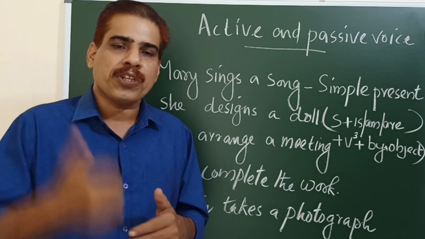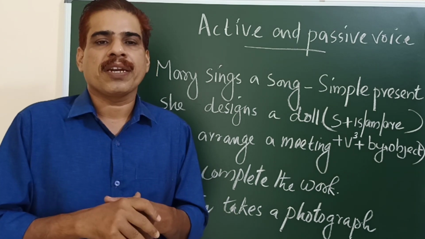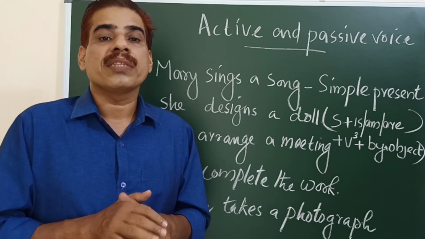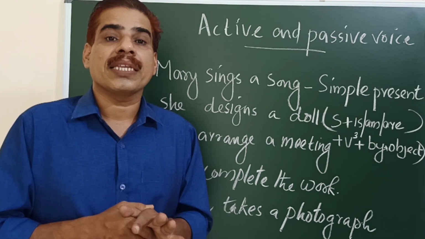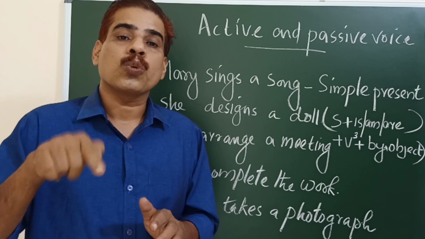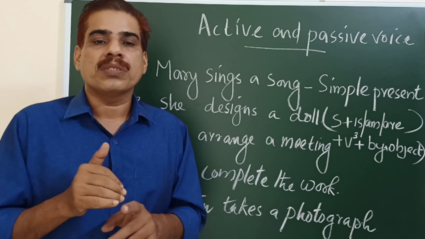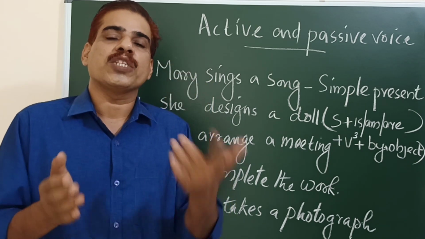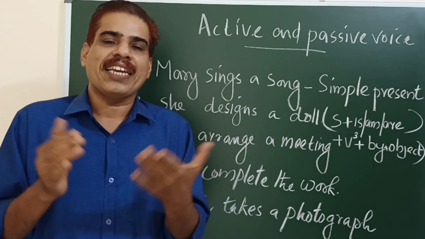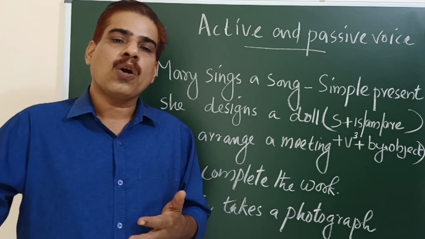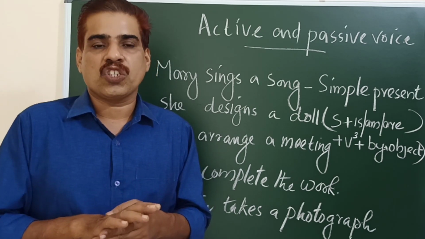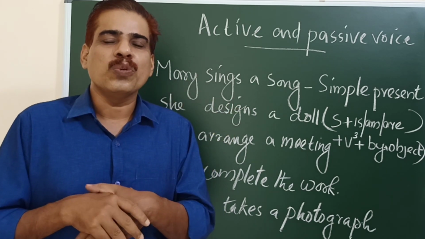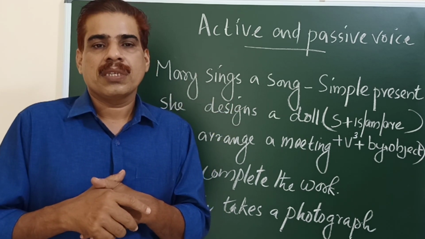Sometimes if it is important, we will mention it particularly. For example, we can say Gandhiji has been assassinated by Nathuram Godse, because who did the action is also important. Or he has been honored by the Prime Minister, that is also important. In those cases, we use passive voice.